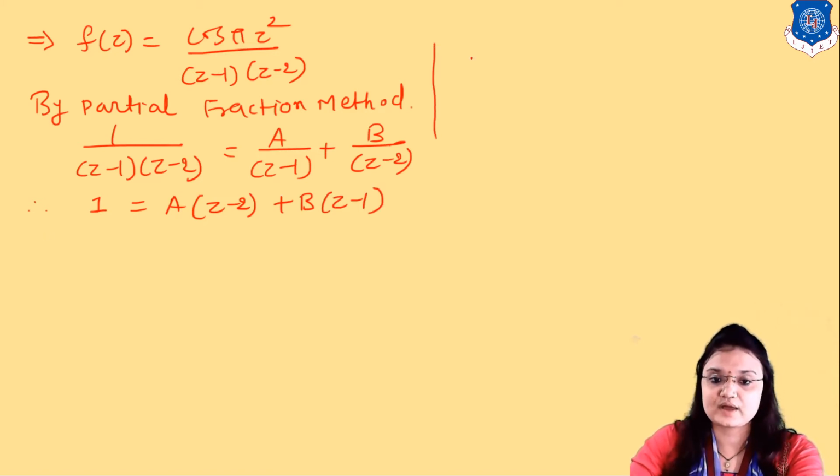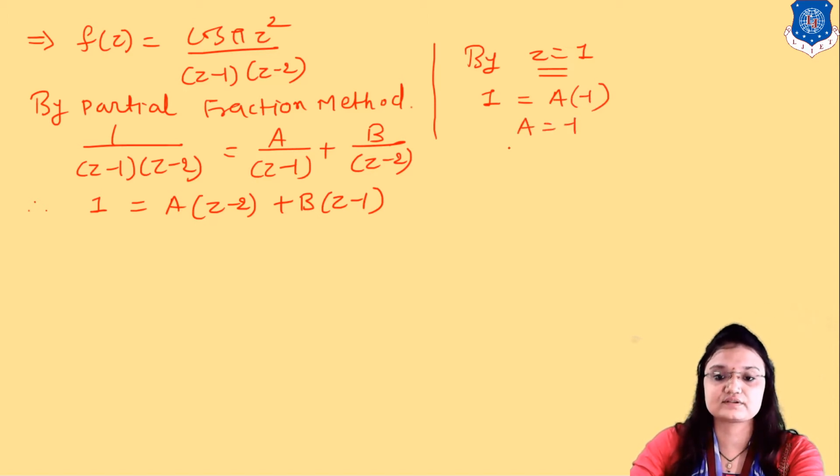By putting z equal to 1, we will get 1 equal to a into minus 1, so a is equal to minus 1. Put z equal to 2, we will get 1 equal to b into 1, so b is equal to 1.